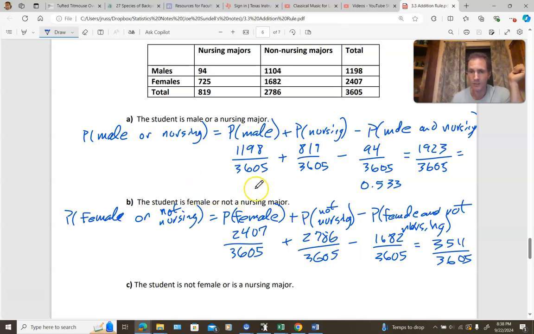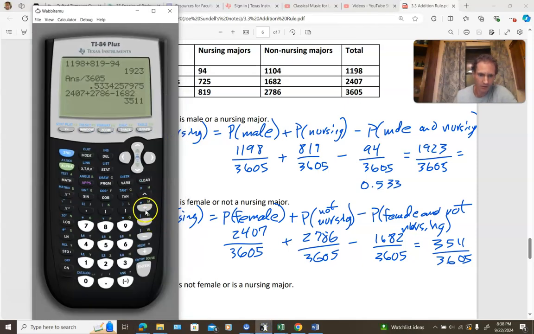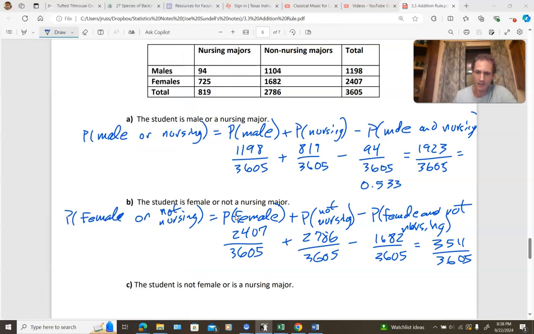So if you were to randomly select a student at this school, you would be close to certain that that student would either be female or not a nursing major. Okay. Anyway, let's see what this actual decimal is. All right, so to 3 decimal places, it'll be 0.974.